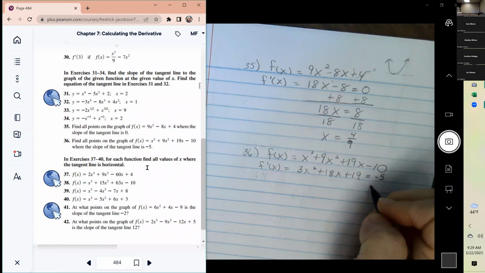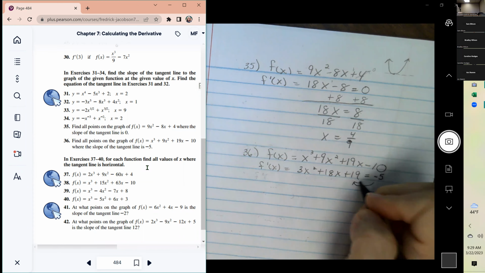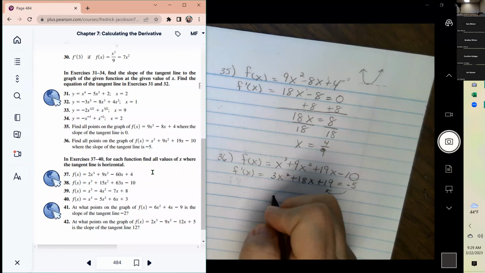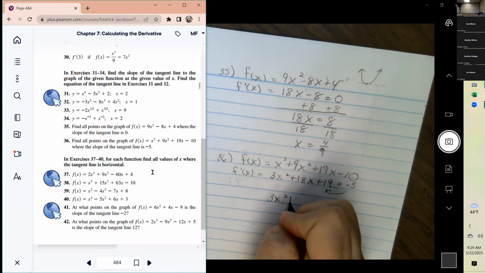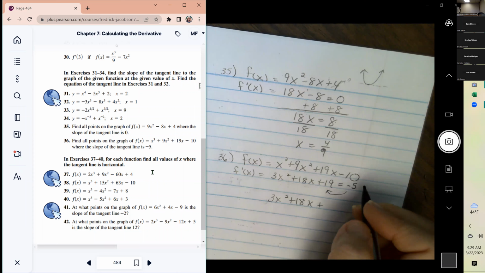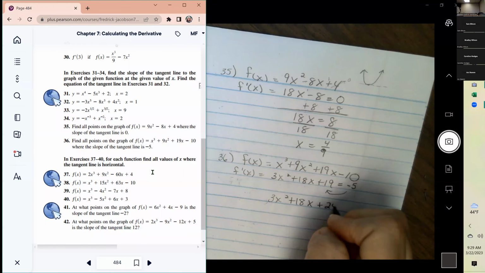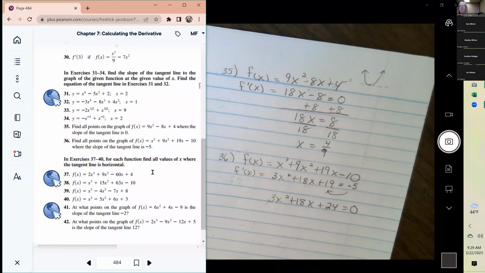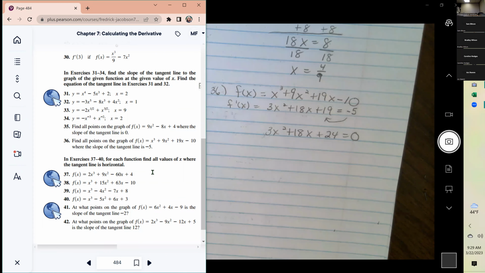So I'm going to add the 5 to the other side. Any questions so far?